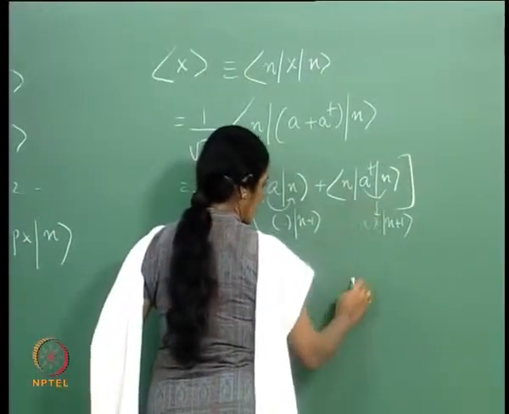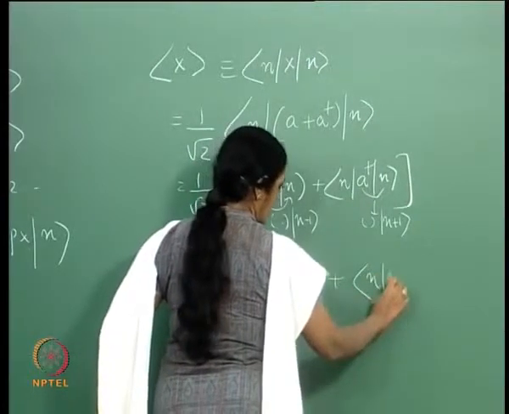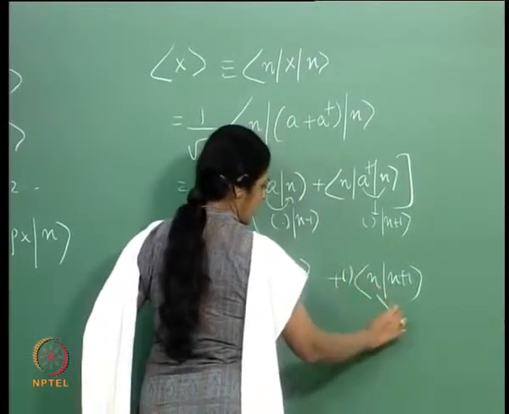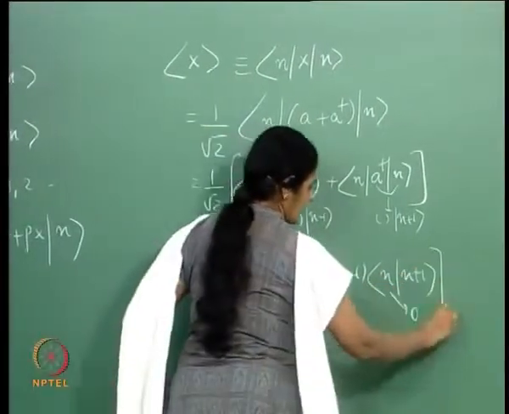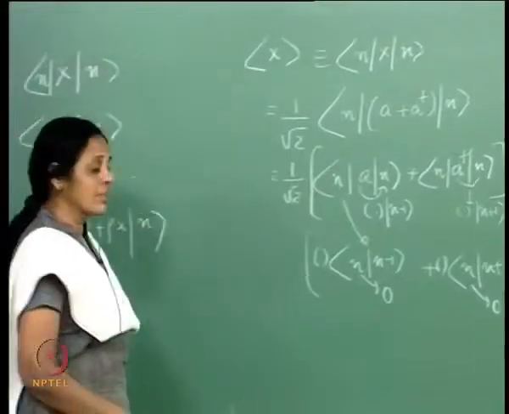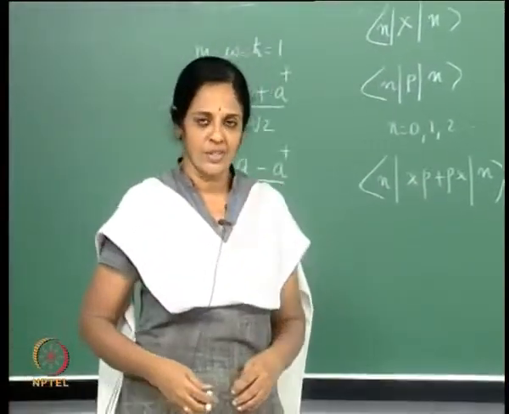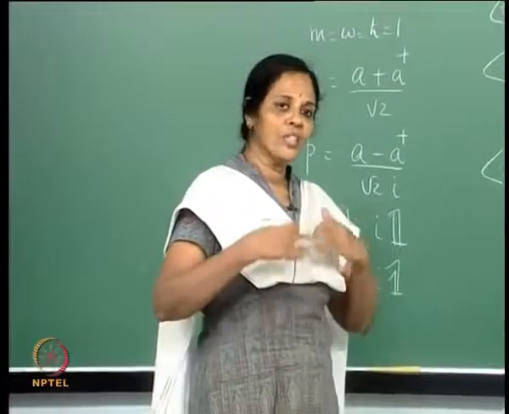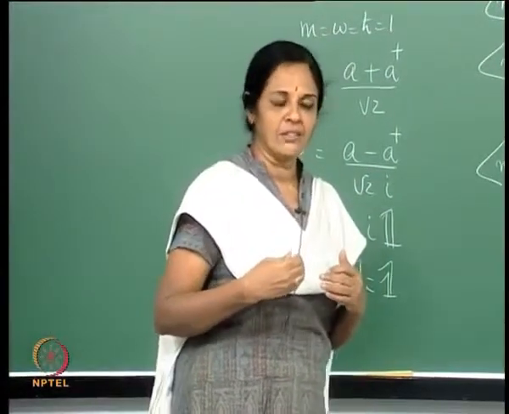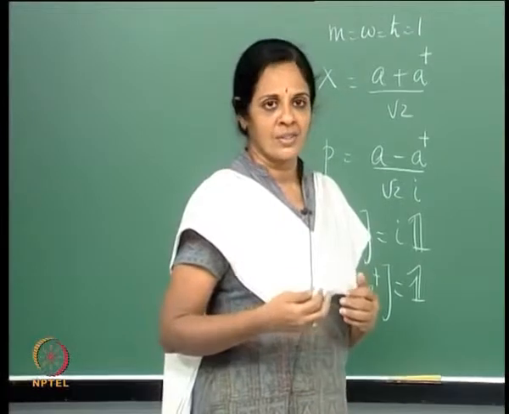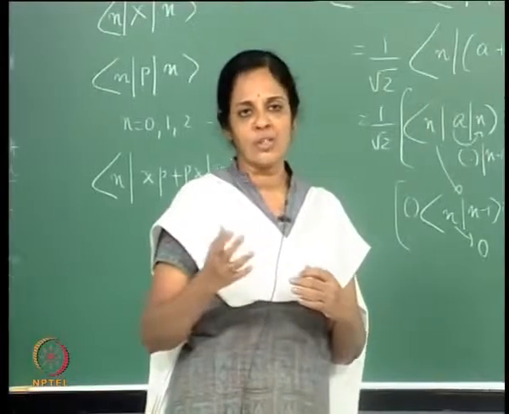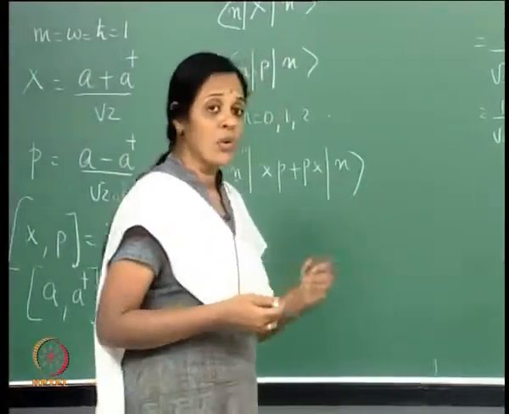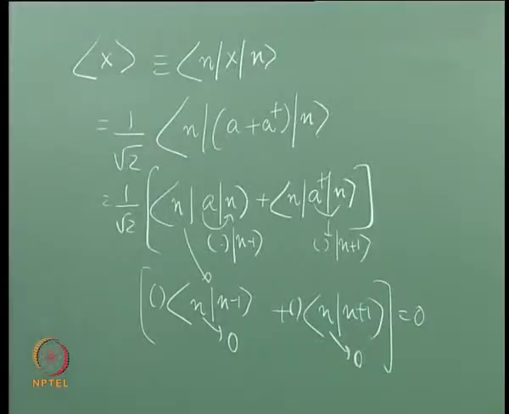Similarly, this would be <n|n plus 1>, and that is also 0, and therefore the expectation value of x in any state of the harmonic oscillator, by state I mean one of the natural basis states in that linear vector space or the Fock states. In quantum optics language you would refer to them as the photon number states and x as a quadrature variable. So the expectation of x is 0.